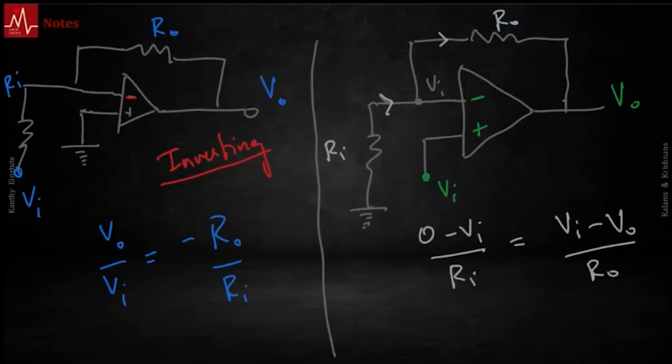Now, can we simplify this? Let's bring that VA to the same side. Can you tell me what V naught by VA is in this case, the gain? It won't be 1.